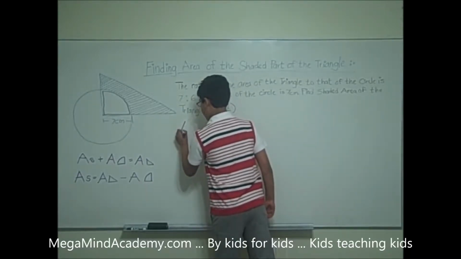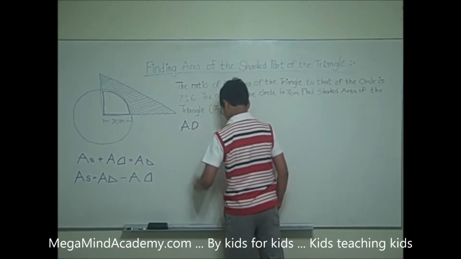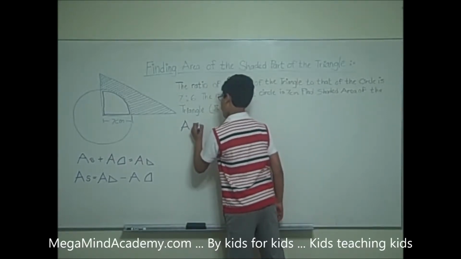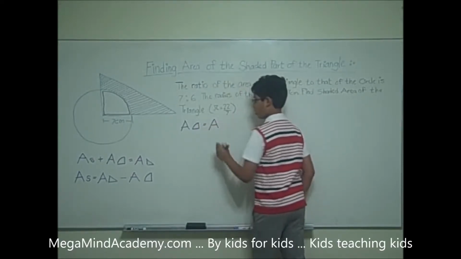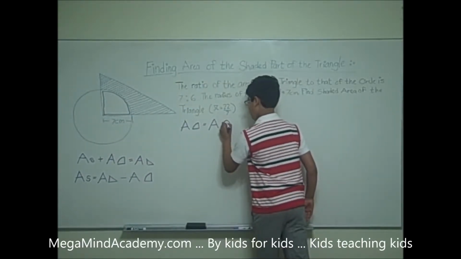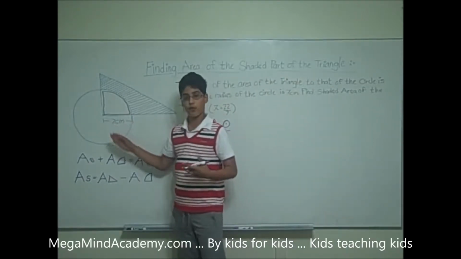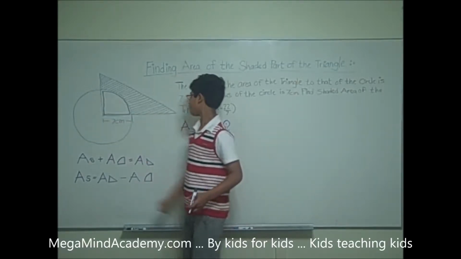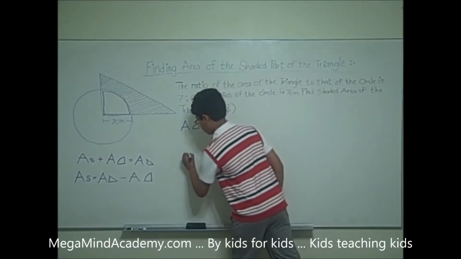The area of the quadrant is equal to the area of the circle divided by 4, because the circle has 4 quadrants: 1, 2, 3, and 4.